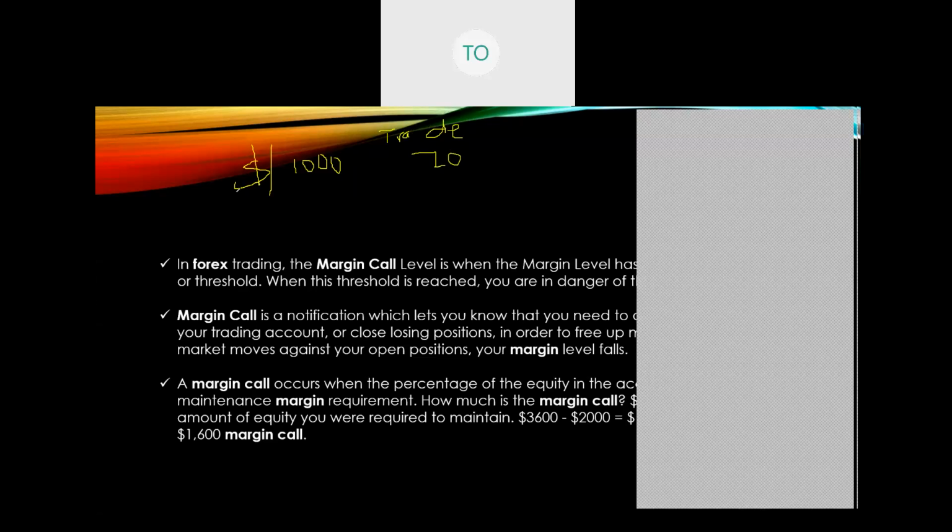Okay. When your balance goes down to, let's say, 700 or even 500, suddenly you find you can only take 10 trades. So let's pretend we are here, okay?